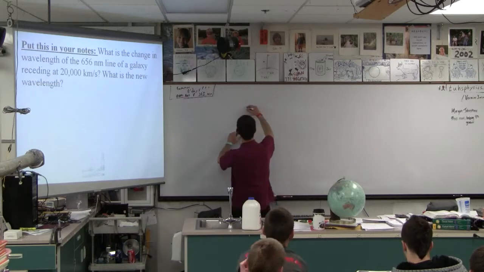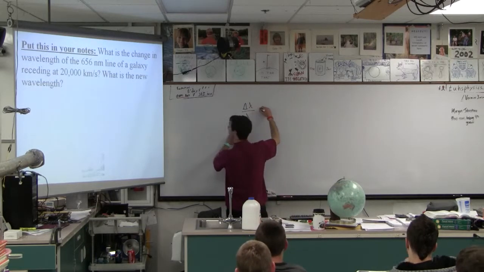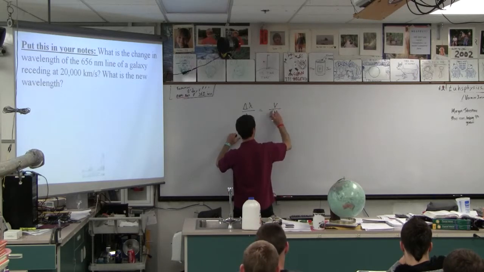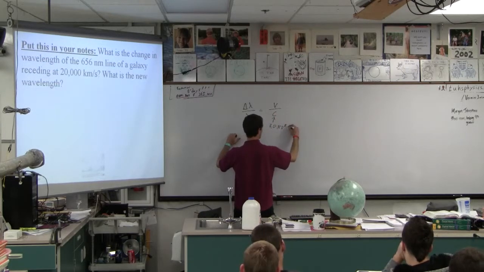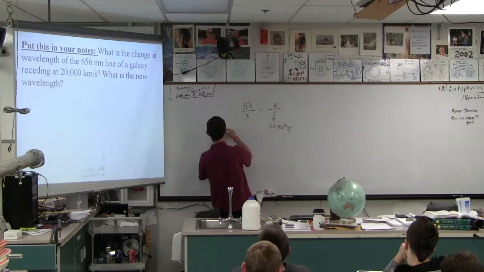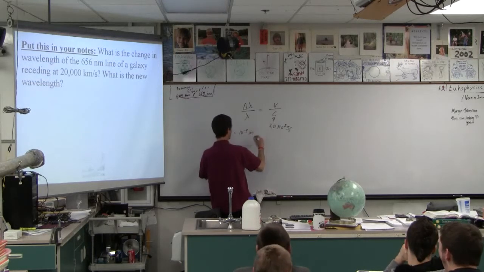Okay. So our formula is change in wavelength is to wavelength, right? Equals whatever that velocity is to the speed of light, right? So I'm going to call c. This guy is always going to be 3.0 times 10 to the 8th meters per second. Okay. These wavelengths are typically in nanometers, and 1 nanometer is 10 to the minus 9th meters.